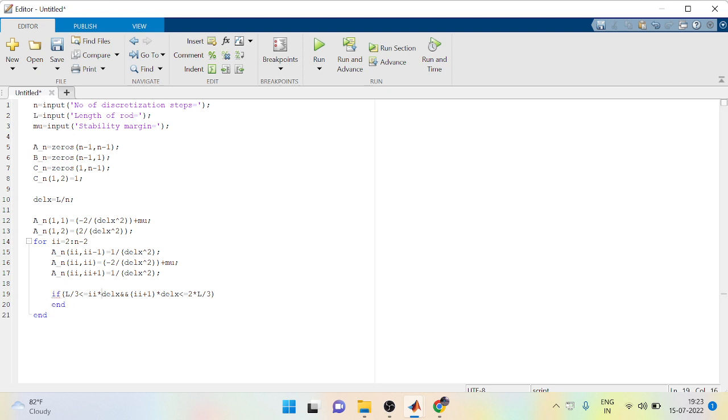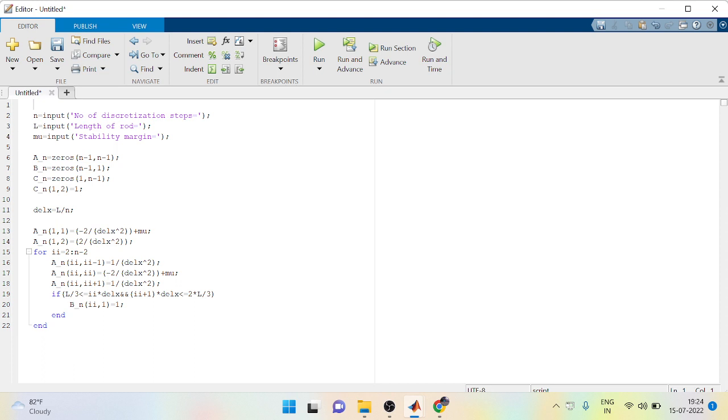And B of i comma 1 equals 1. So we are done with the ABC matrices. Just have to write this as global A_n, B_n. That's it, I guess.